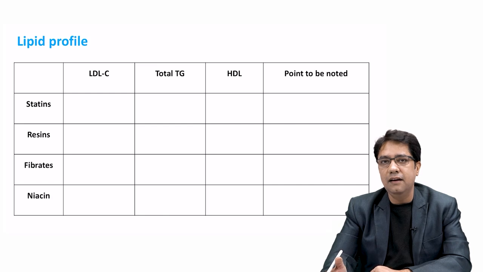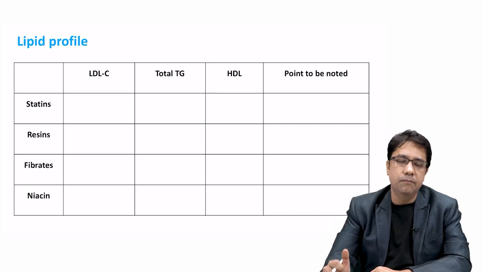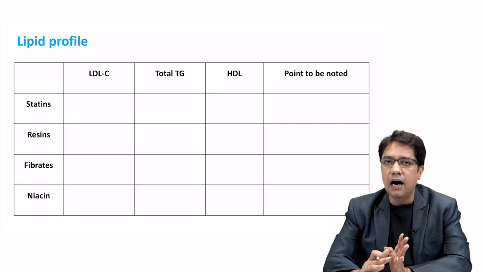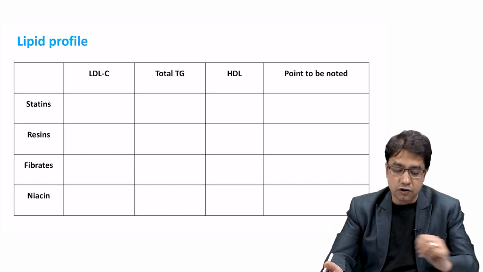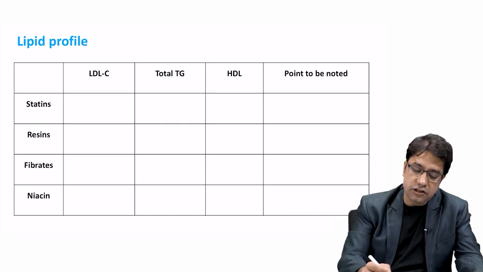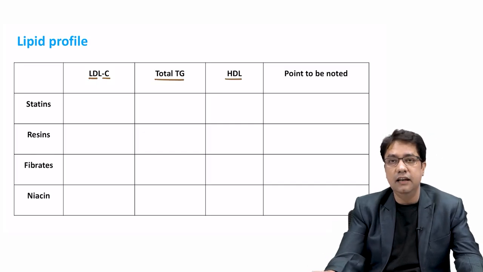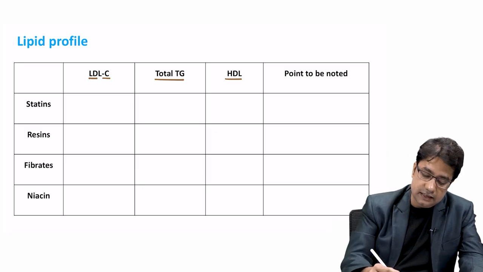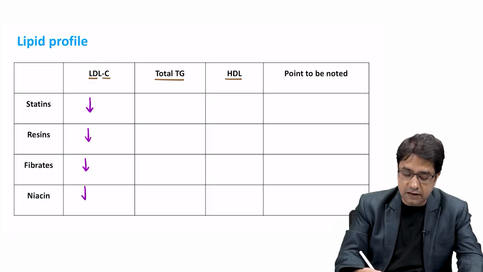Let's make a summary of how these 4 drugs, statin, resins, fibrate and niacin, will affect the lipid profile of a patient. When we do a lipid profile, we check LDL cholesterol, total triglyceride, and HDL levels. Now statins decrease LDL levels. Resins also decrease LDL level. Fibrates can also decrease LDL level.